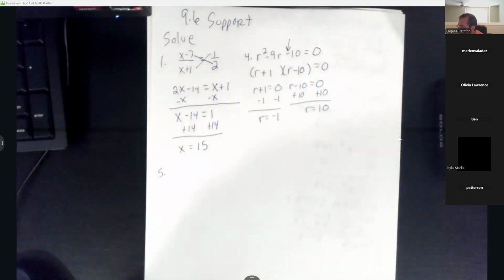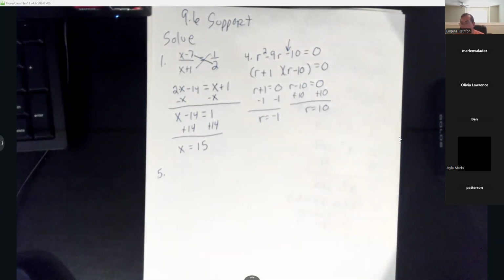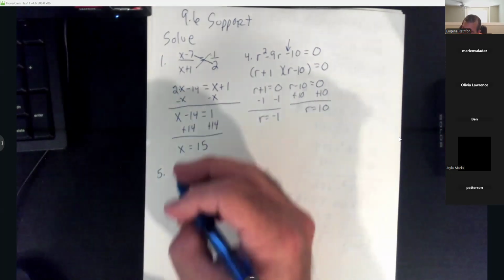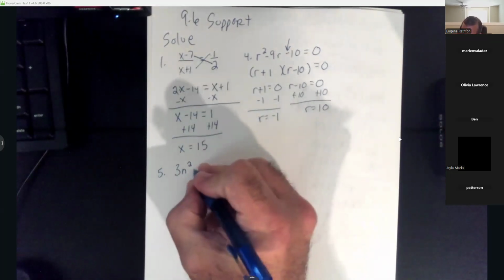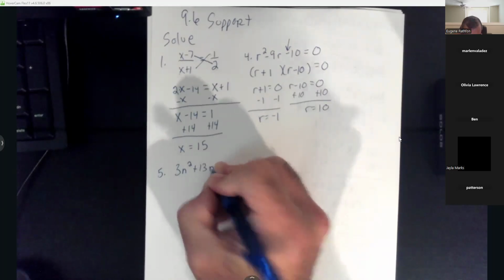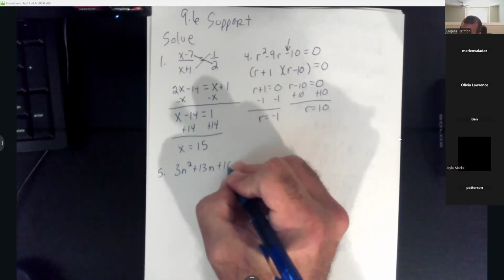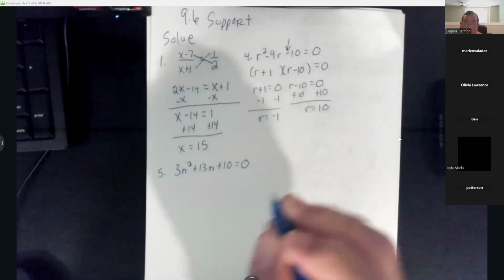All right, y'all, 5 you didn't really get hit with in this section, but it's another factoring one. 3n squared plus 13n plus 10 equals 0.